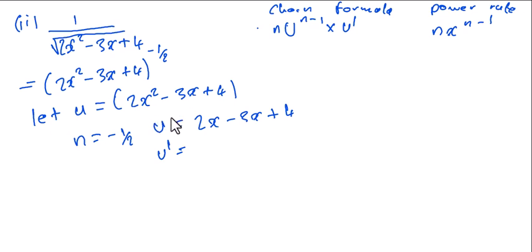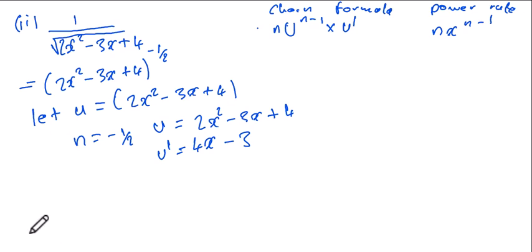When we differentiate this, this is squared, so this is going to be 4x minus what? 3. When we differentiate a constant, we get a 0, so we just have 4x minus 3. So we'll substitute into our formula.